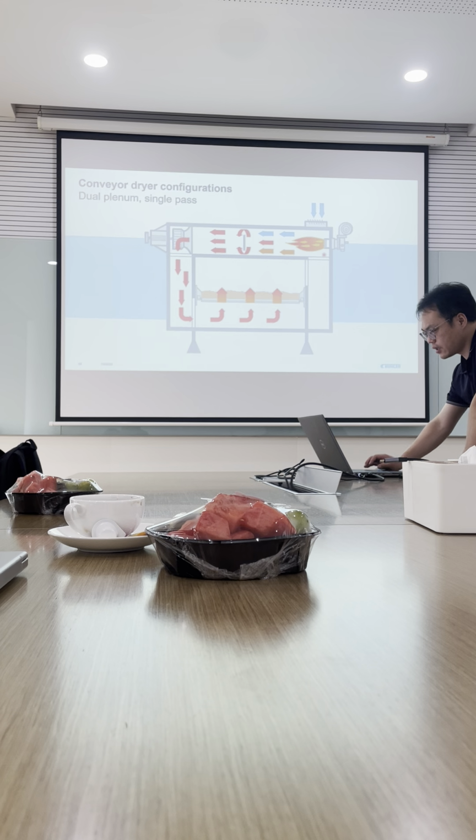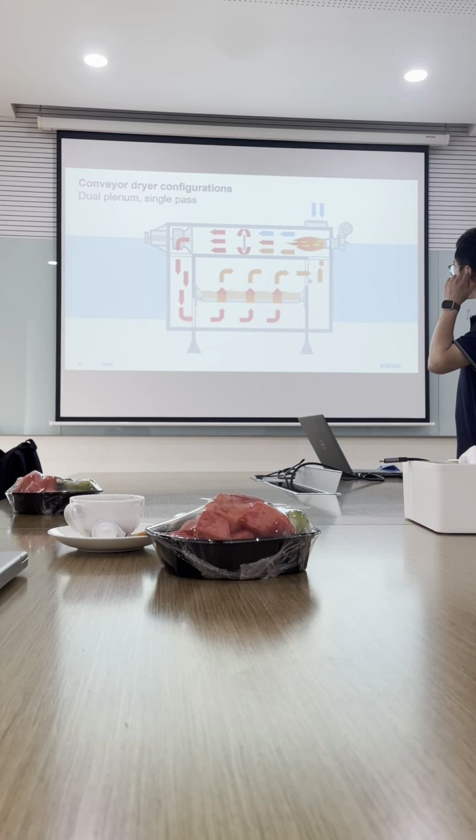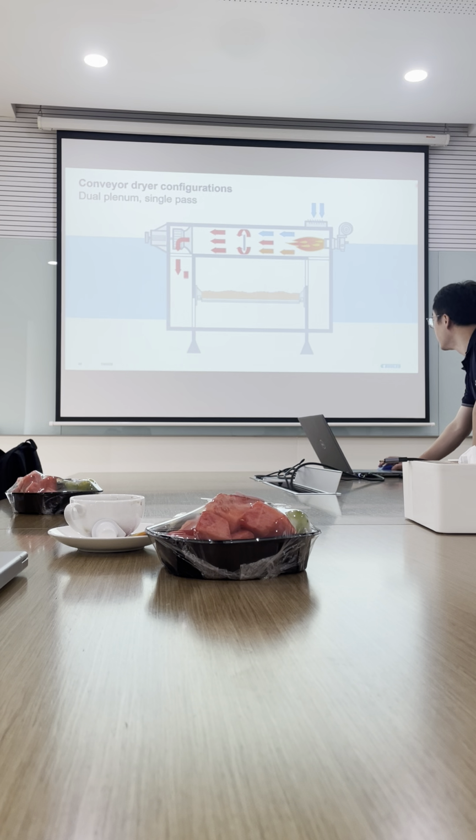Next is the single pass dual cleaner. In this dryer, here is the burner. This is the recirculation fan. This is the mix plate. Here is the makeup air.